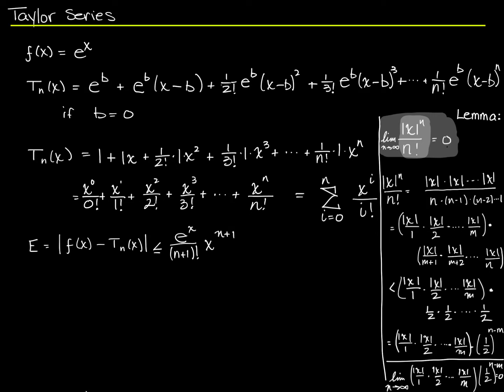If you notice, let's rewrite just this expression here. I have e to the x over (n plus 1) factorial times x to the power of n plus 1. I could rewrite that as e to the power of x times x to the n plus 1 over (n plus 1) factorial.